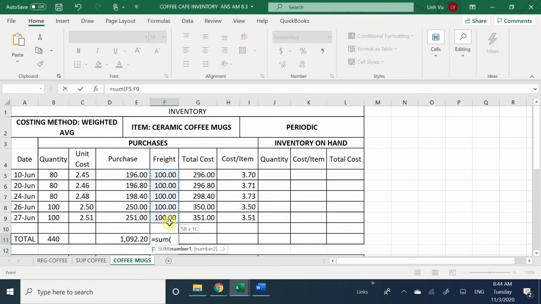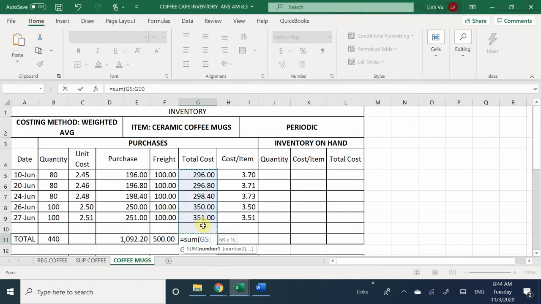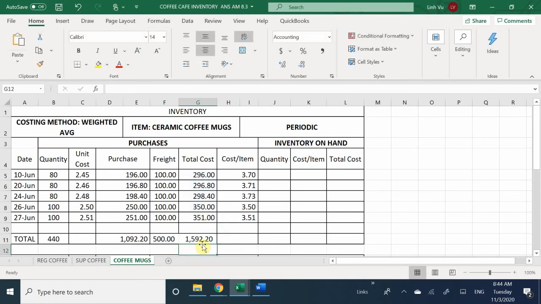So you said 500. Good. What is the total cost going to be? $1,592.20. Good.